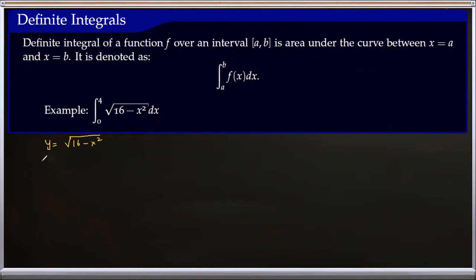But if you want to draw by hand, let's try to rewrite this function by squaring both sides. So we get y squared equals 16 minus x squared.